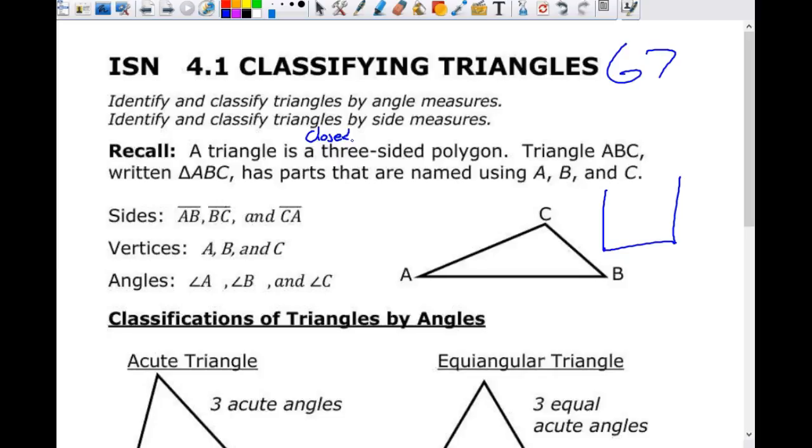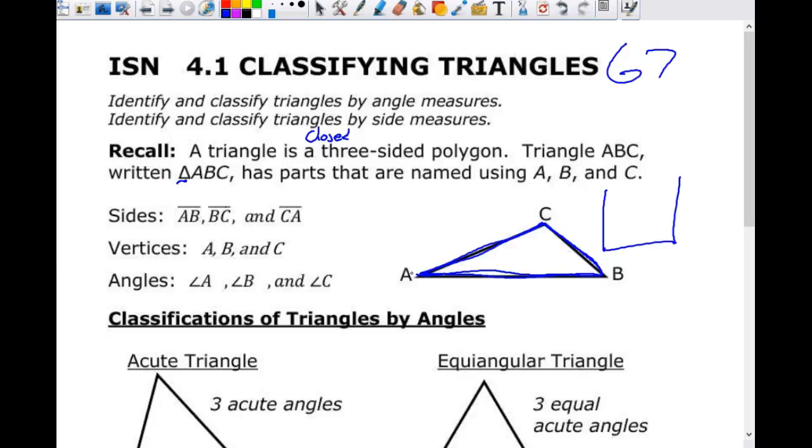Triangle ABC can be written as the triangle symbol A, B, C: A to B to C. So that's the triangle. You should trace them if you get confused. There are three sides to a triangle, three vertexes, and three angles.